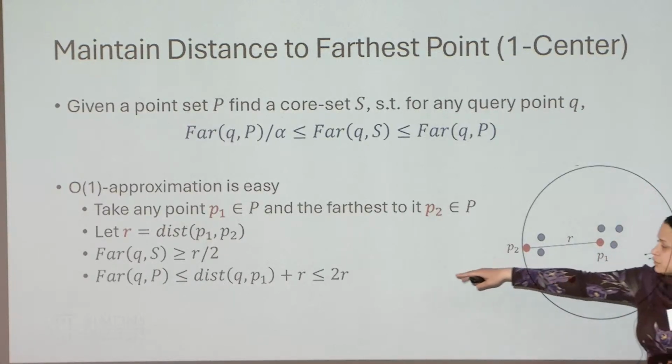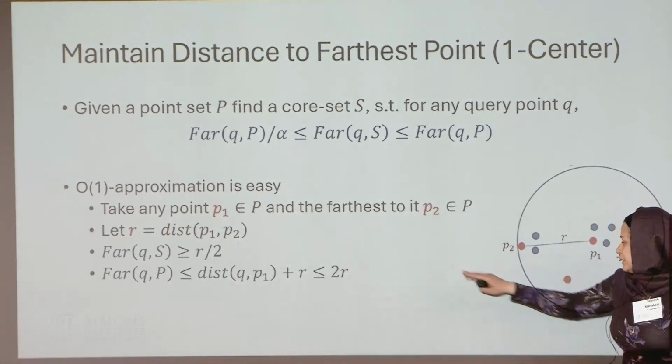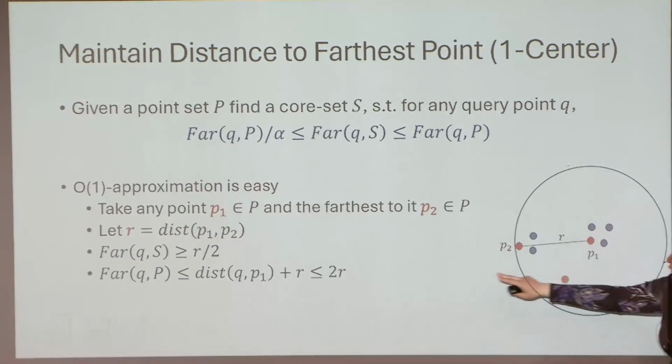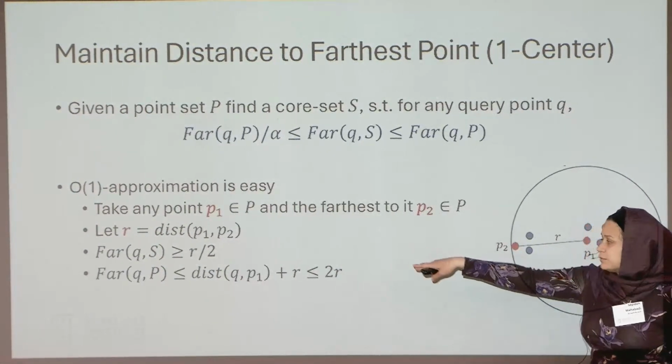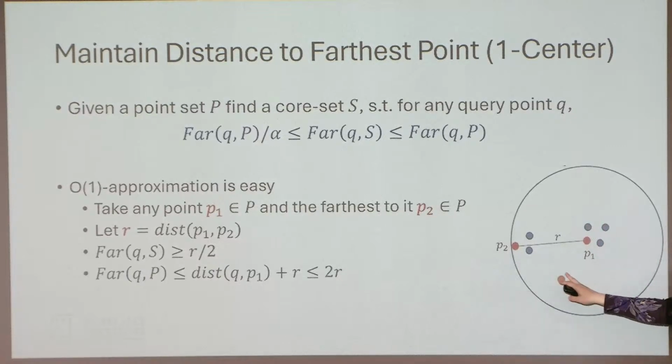So we get that the distance of the query to the original point set cannot be larger than 2r, so we get a constant factor approximation. If the query is outside of the ball, a similar argument works. Okay, so basically this simple algorithm gives us a coreset of size 2 with a constant factor approximation.